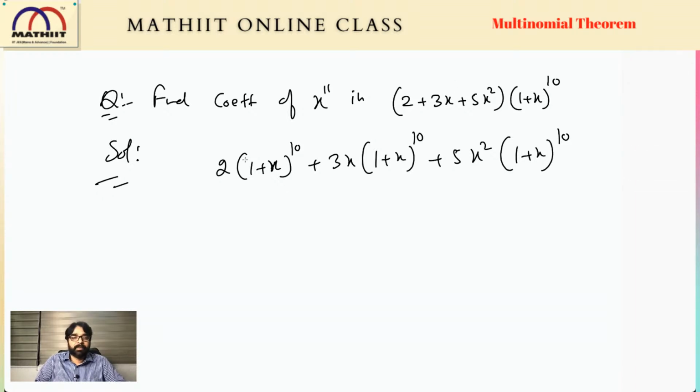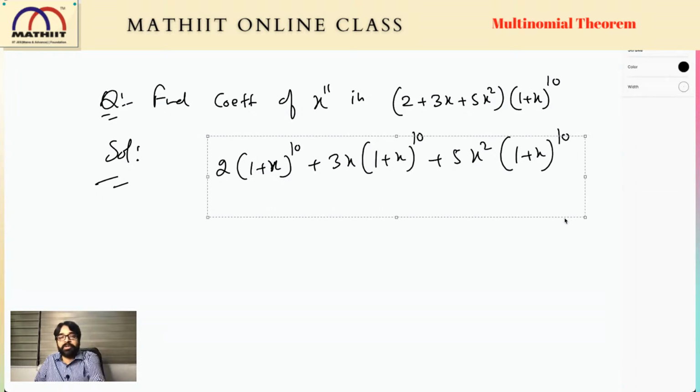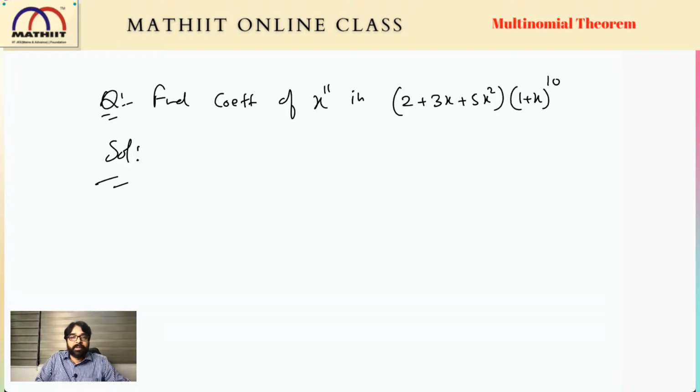Now, if I change the question a little bit, not much, suppose I take the same question so that we save our time. Imagine this is 3 by x and this is 5 by x square. Correct?